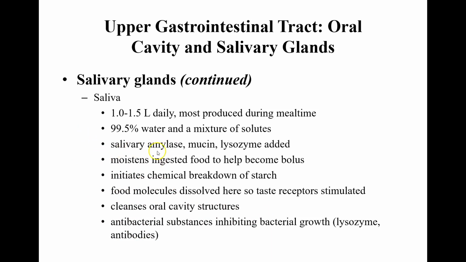Saliva has salivary amylase in it, and salivary amylase helps to break down materials. There are also enzymes like lysozyme, as well as antibodies that help to break down any potential bacteria that are in the food or in the mouth. And then there are some enzymes that eliminate pain.